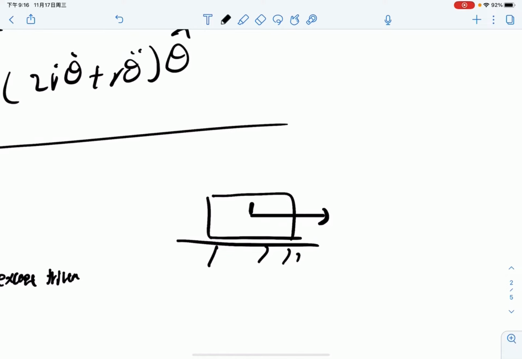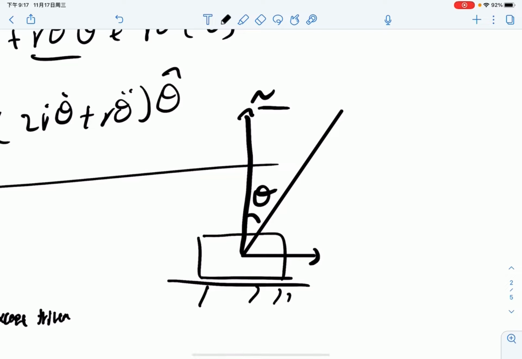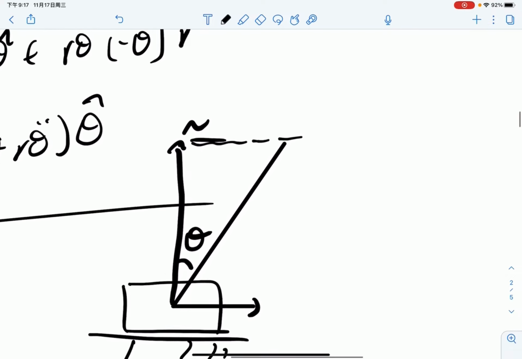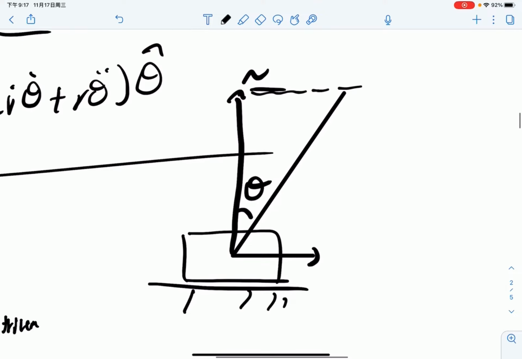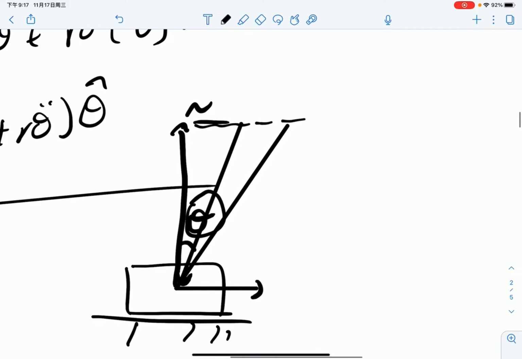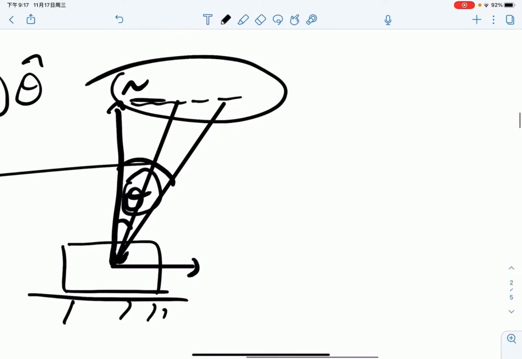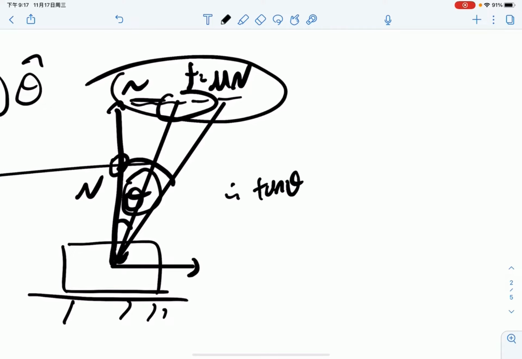Here is the friction, here is N, and here is angle theta. If you push the object in this theta range, the block is not going to move. F is mu N, and this one is N, so tangent theta is equal to mu.